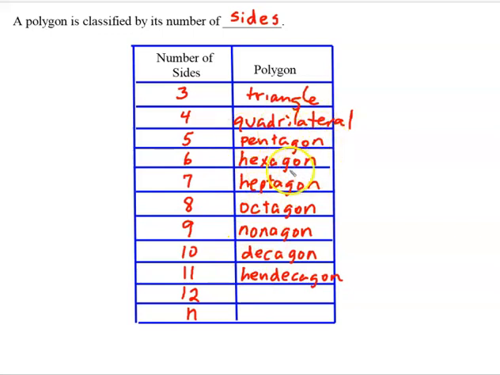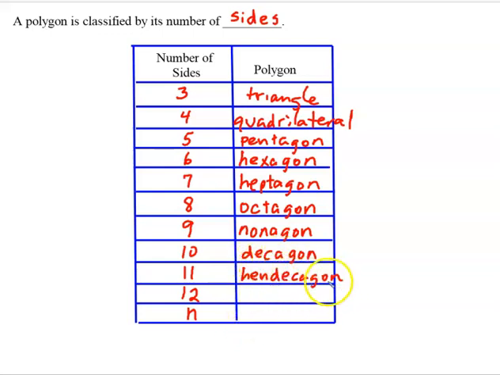How did we get these names? They came from original Greek. And so, for example, hex in Greek is 6, hept is 7, oct is 8, nona is 9, deca is 10. And then when you get to 11, the Greeks did 11, 12, and so forth like this.